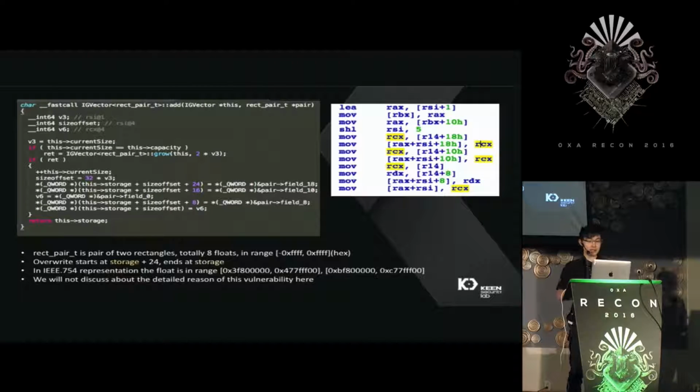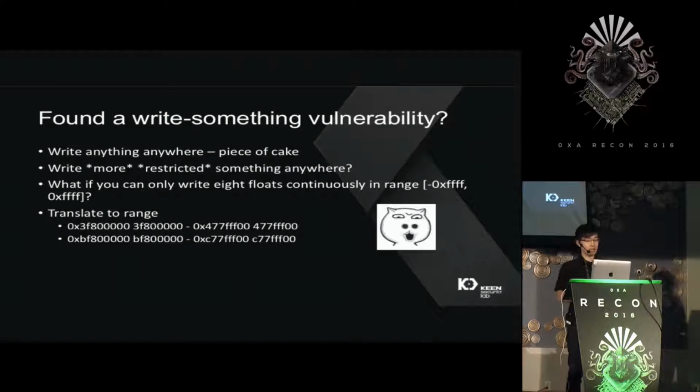With this knowledge in mind, we will now introduce the generic exploitation approach for this non-perfect OOB write. As Liang has introduced before, if you get a perfect write-anything-anywhere vulnerability, it's harder to exploit in modern exploitation, but it's not a very big problem.